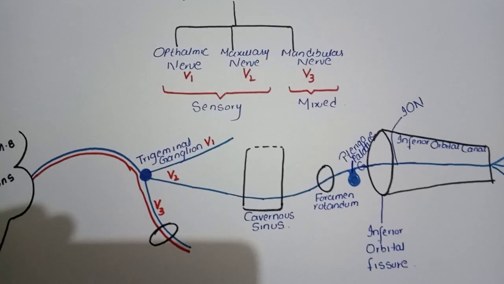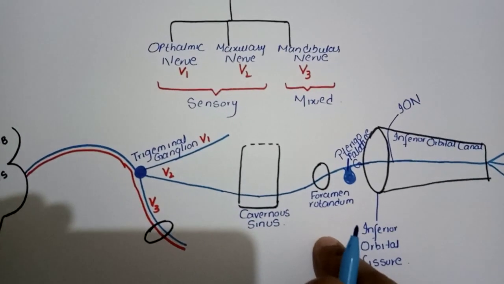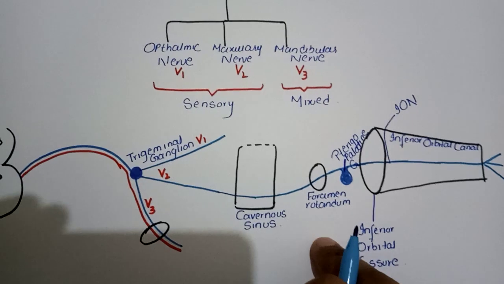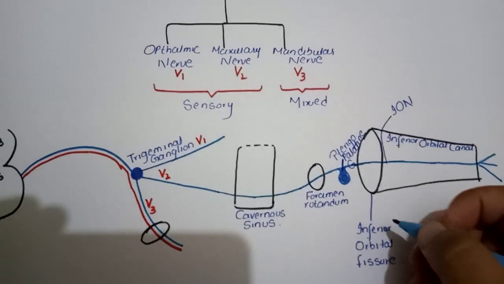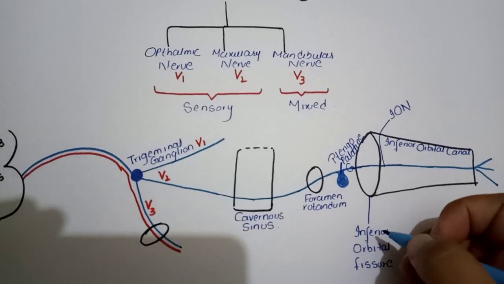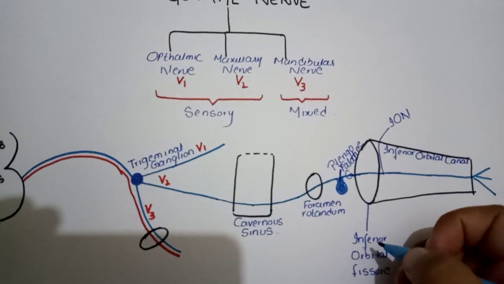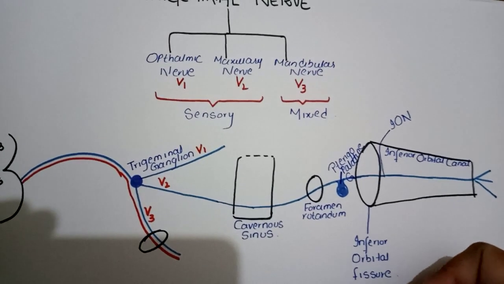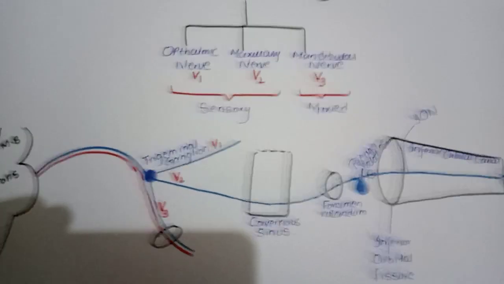There are three important nerve divisions or branches of the maxillary nerve, which are given to the palate and the teeth.